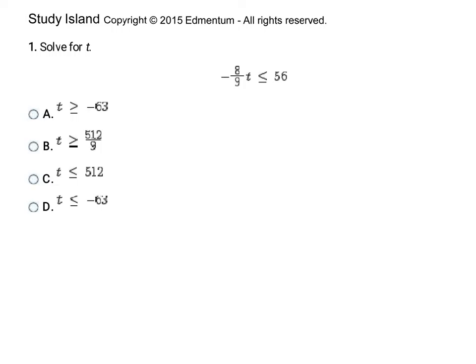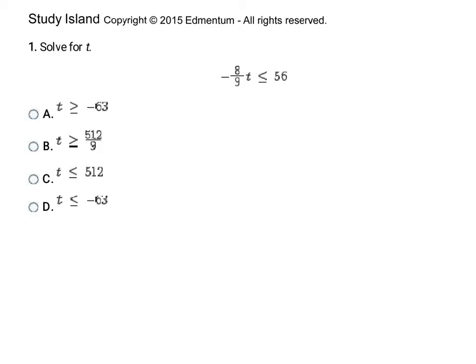So in this first example, it's a one-step equation. It just has the fraction multiplied by t. But when I'm doing a fraction multiplication, instead of dividing, I like to multiply both sides by the reciprocal. So here, the reciprocal means you flip the fraction and keep the sign. So I'm going to be multiplying both sides by negative 9 over 8. And the reason I do that is because this cancels out to just a single 1.